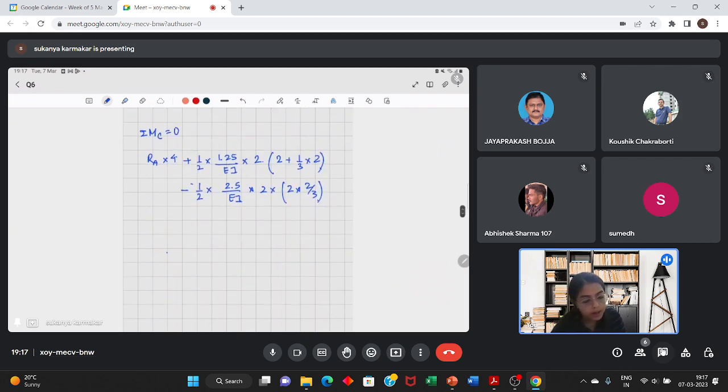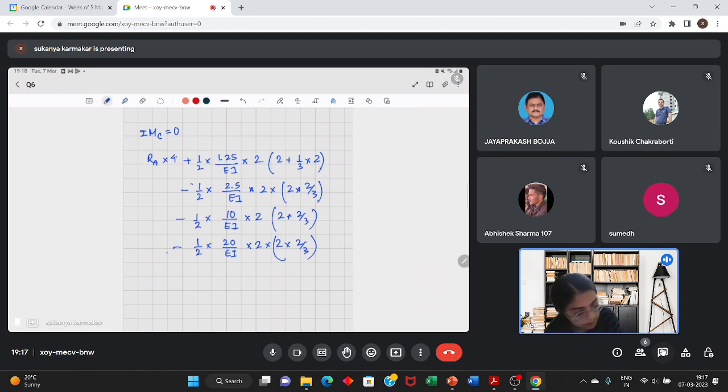Fine. Now I'm writing all the terms from loading pattern 1, which is half into 10 by EI into 2 into 2 plus 2 by 3, and another term is half into 20 by EI into 2 into 2 into 2 by 3.